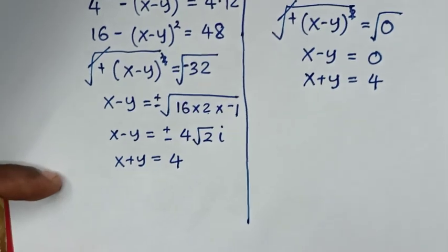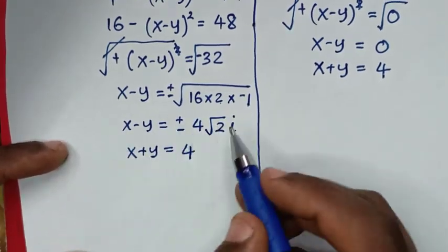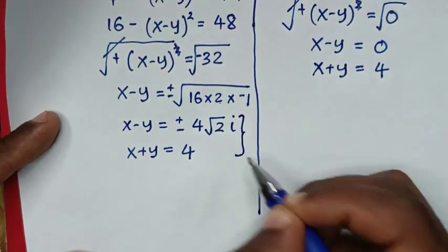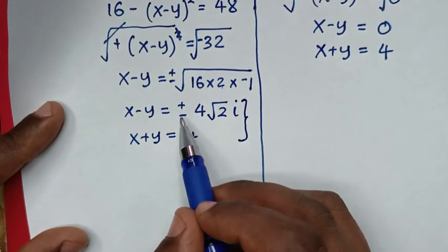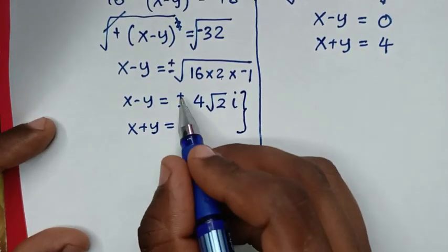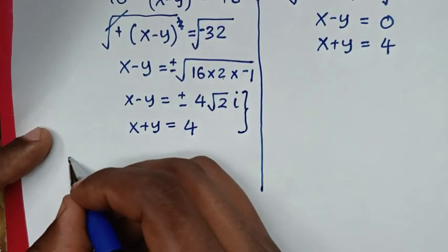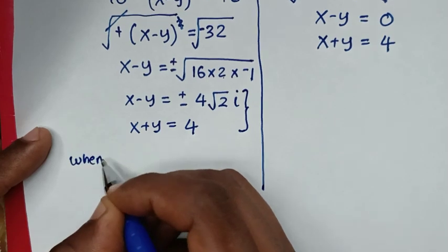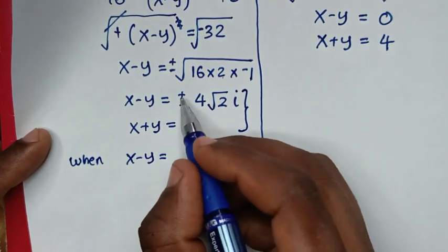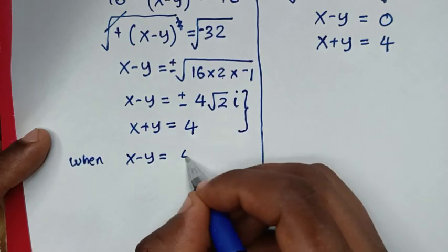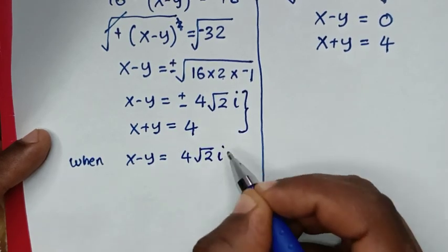Now to solve from this first solution in this simultaneous equation, here we have plus or minus. Because we have plus or minus, when it is plus, x minus y is equal to positive 4 square root of 2i.